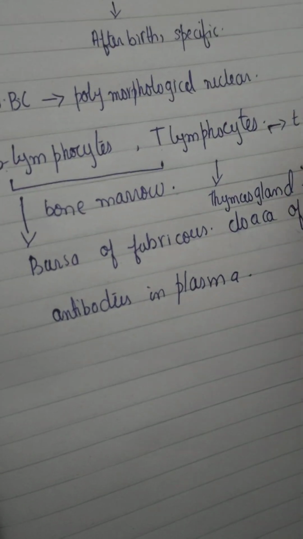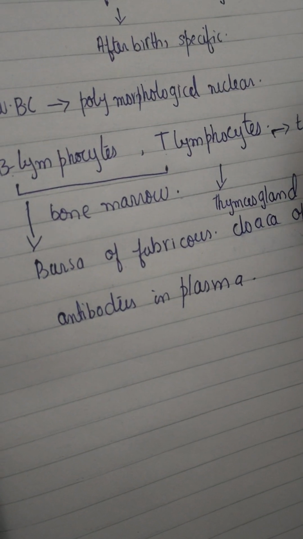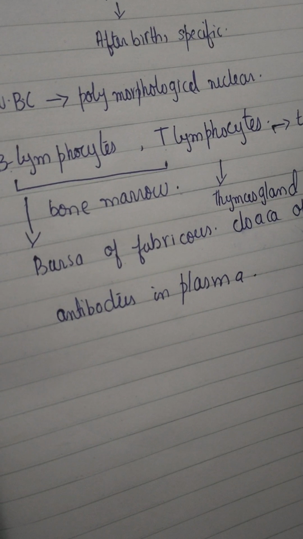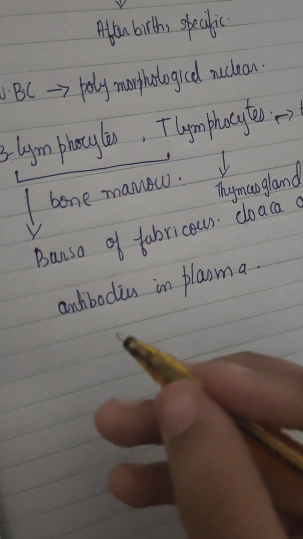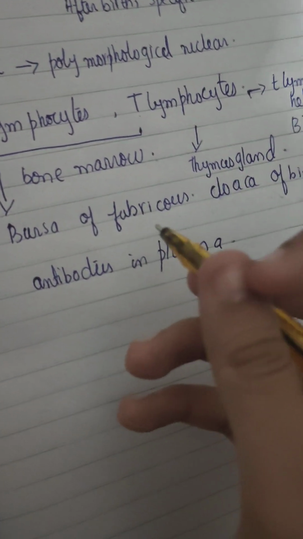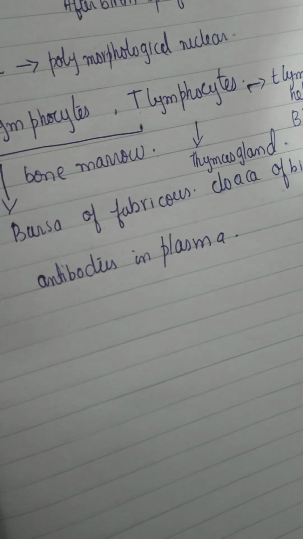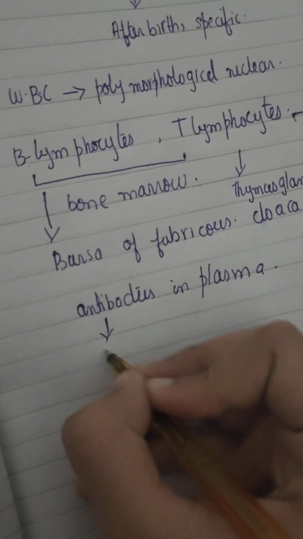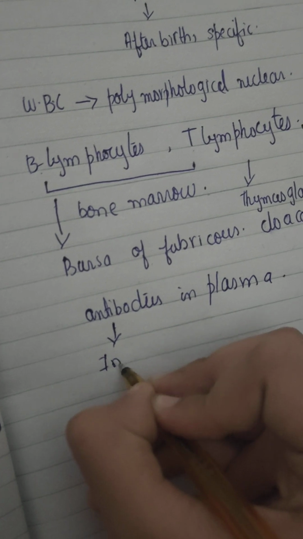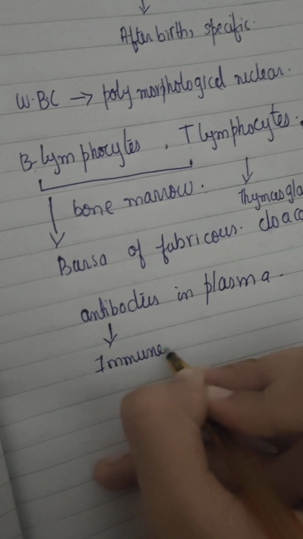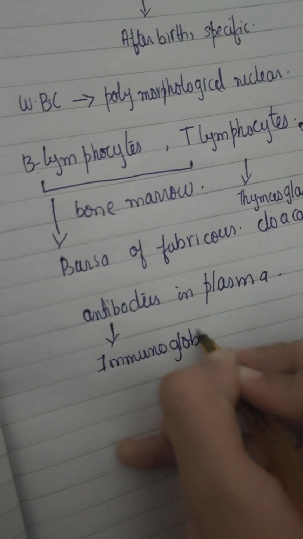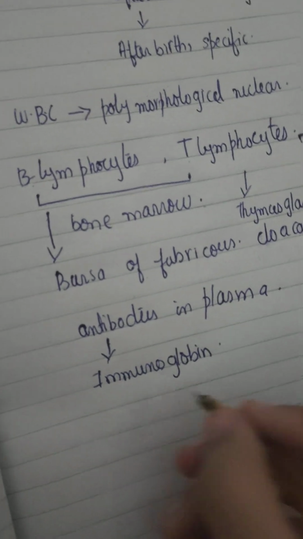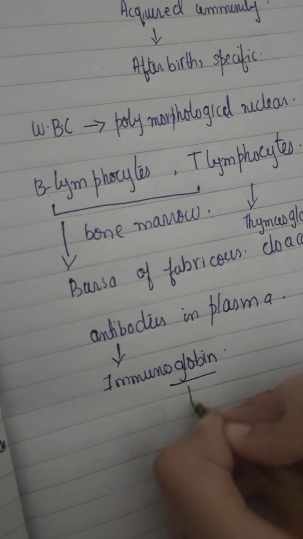Antibodies are also known as immunoglobulin. You must be wondering what immunoglobulin is. Immunoglobulins are antibodies. Globulin means protein.